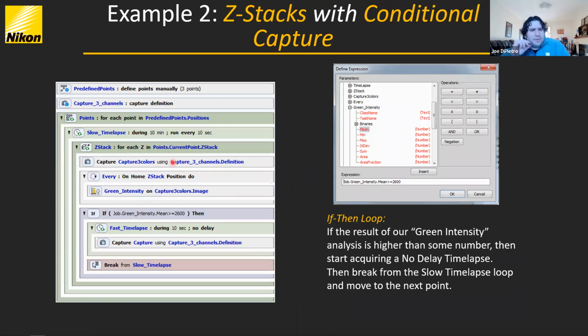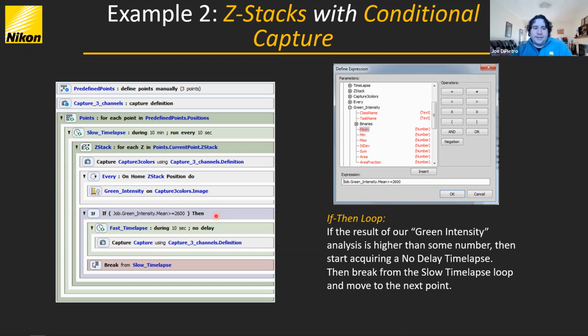But what if you want to do something a little bit more complicated? Like, not only do I want to do this time lapse with Z-stacks, but maybe I want to do this over and over again. And when I find a cell that has a certain green intensity, if the green intensity is greater than or equal to this value, then I want to do a fast time lapse on that.